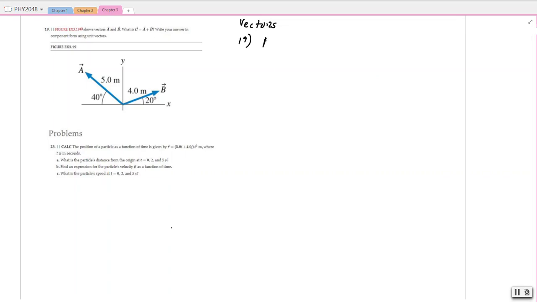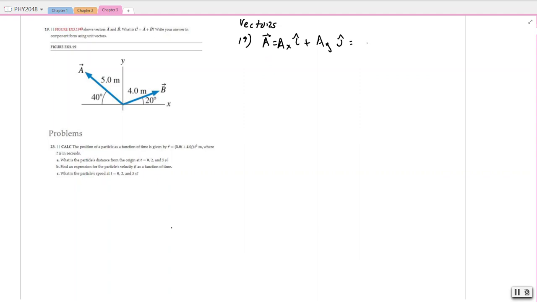So I know the vector A would be a sub x i plus a sub y j. Now, what is a sub x?